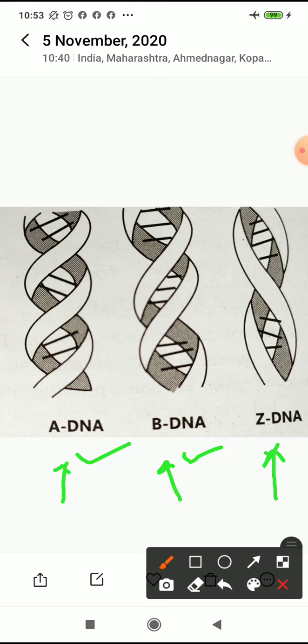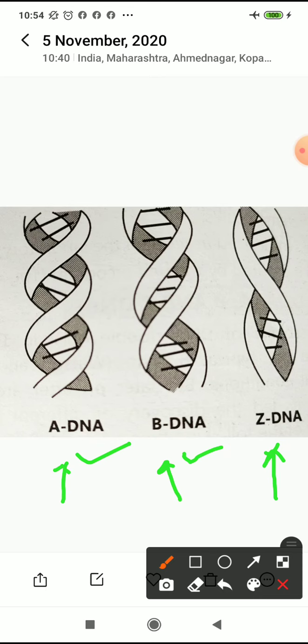Z-DNA can form when DNA is in an alternating purine-pyrimidine sequence such as GC, GC, GC. And indeed, G and C nucleotides are in different conformations, leading to a zigzag pattern, which we call a Z pattern, and therefore Z-DNA.